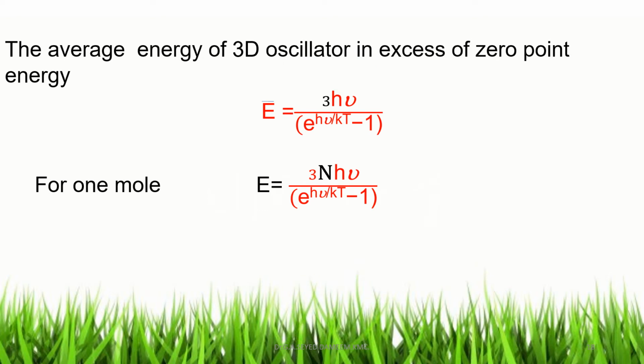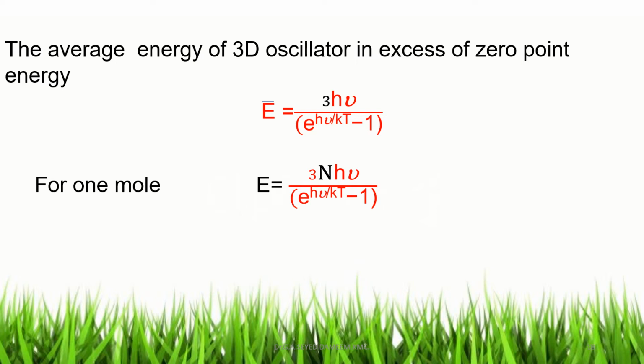Now the average energy of a three-dimensional oscillator in excess of zero point energy, E bar, is equal to 3 h nu. The previous equation is multiplied by 3. So E bar is equal to 3 h nu divided by e power h nu by kT minus 1. This is the average energy of a three-dimensional oscillator. Now 1 mole consists of Avogadro number of atoms.